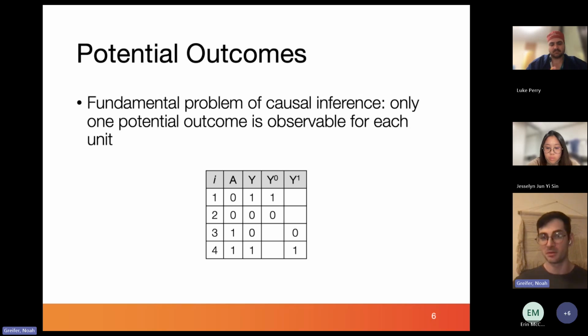But the fundamental problem of causal inference is that we can only observe one of the potential outcomes. What we're about to talk about, so great transition, Luke, is that despite not being able to observe both potential outcomes for each individual, it is still possible to estimate average causal effects.